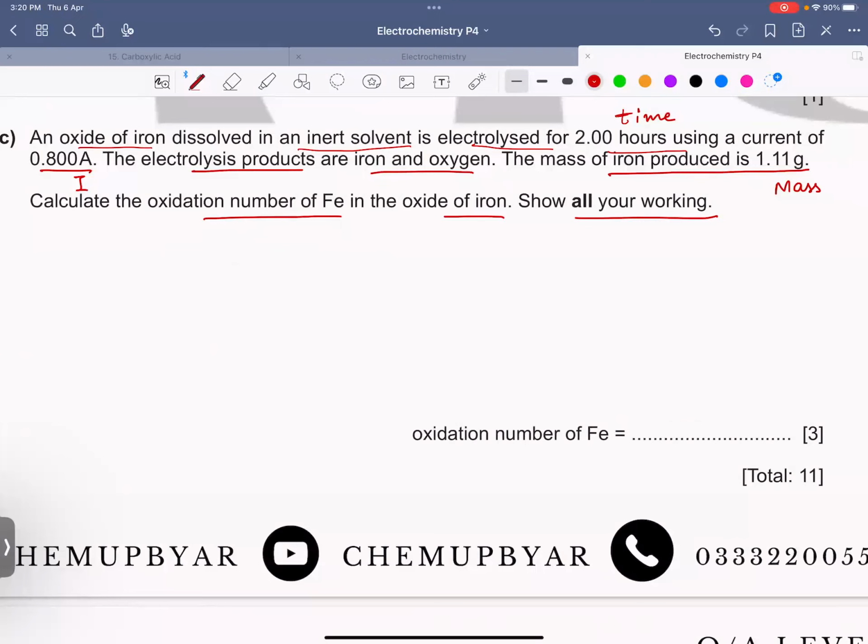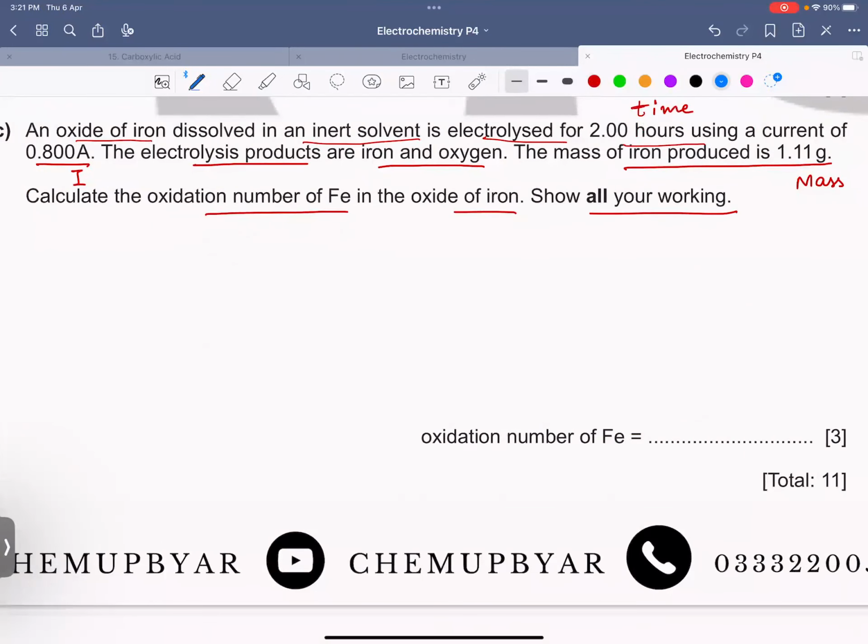Then have a look over here. We don't know the oxidation number, right? But they have given me the mass of iron produced. So if I try to make the equation, iron is in the form of a cation in its aqueous solution. So it means that this reaction took place at the cathode.